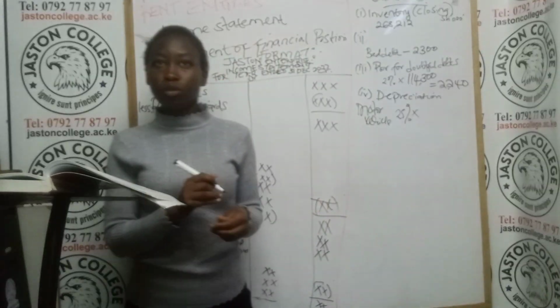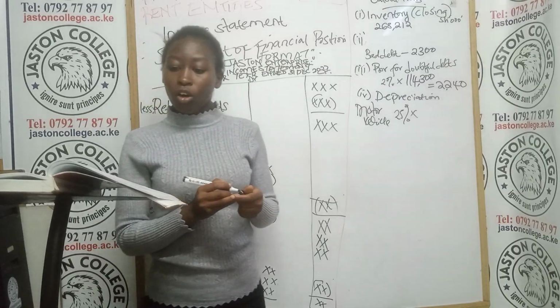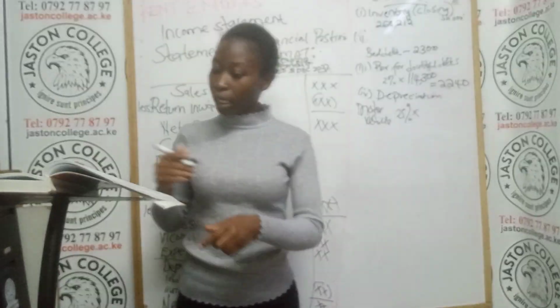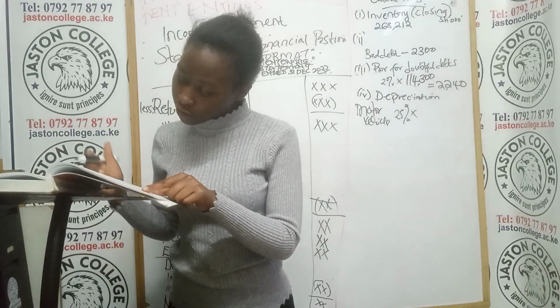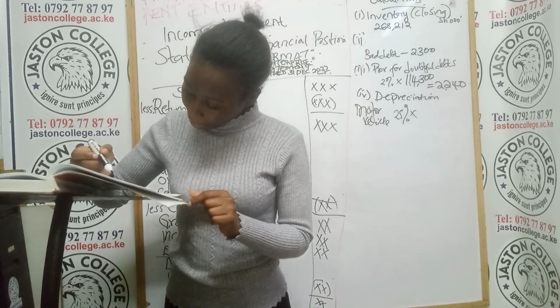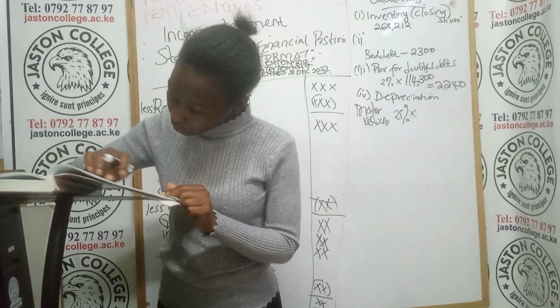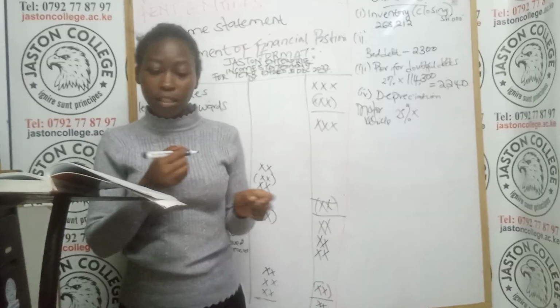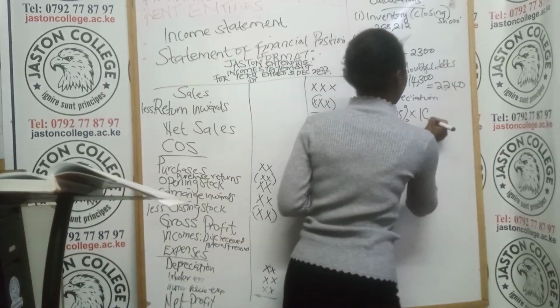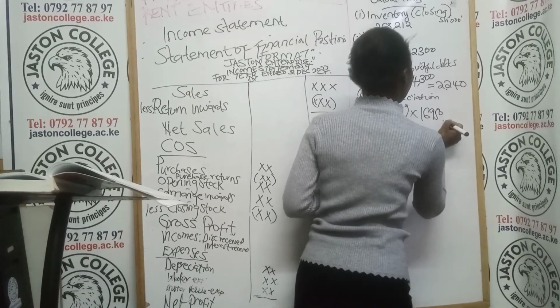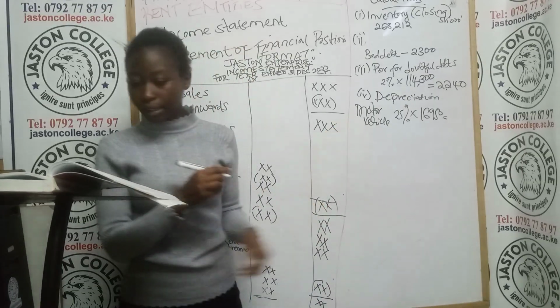So we take 25% of the total cost, and our cost of motor vehicle, we've seen, is 16,950. So we'll get our answer.